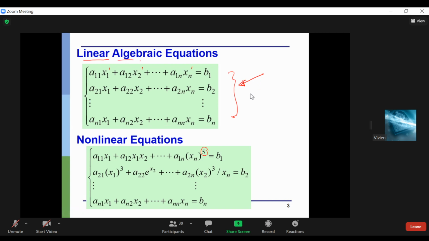We are talking about them because this system arises in many applications, such as partial differential equations, which we are going to talk about later. So this becomes the basis. That's why we are going to learn how to obtain the solution for this system.